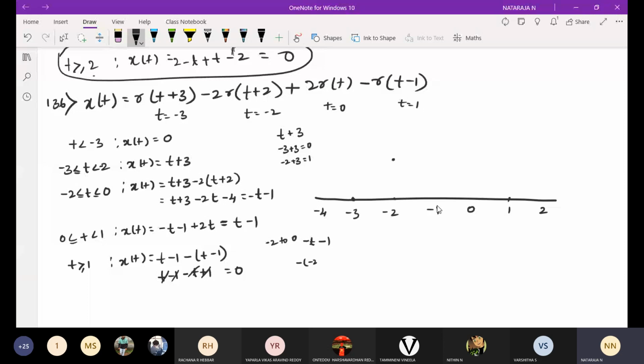Minus of -2 minus 1, 2 minus 1, you will get 1 only. At -2 you will get 1. Next -1. You will get minus of -1 minus 1, that is 1 minus 1. You will get 0. At -1 it will be 0.